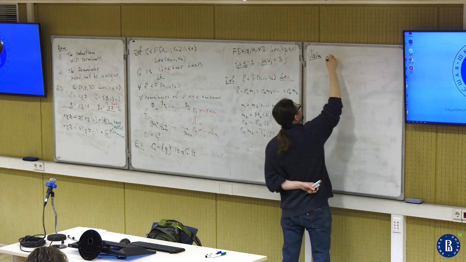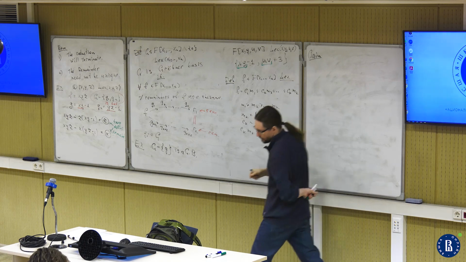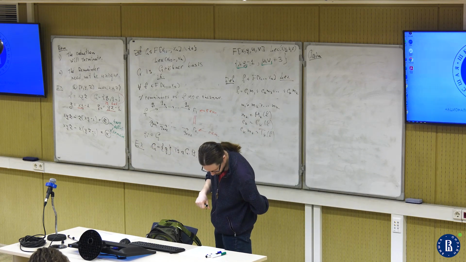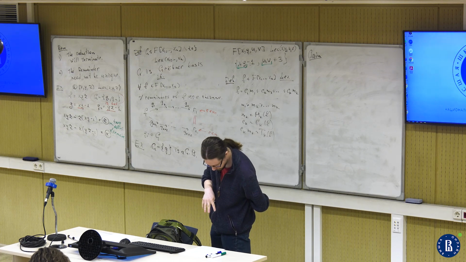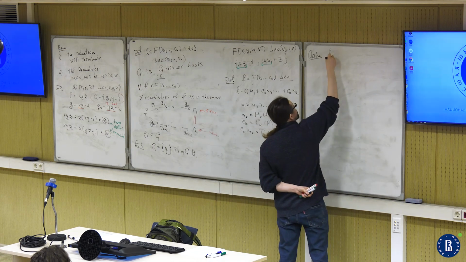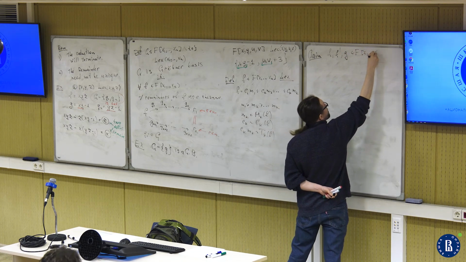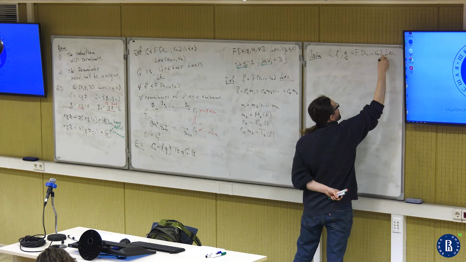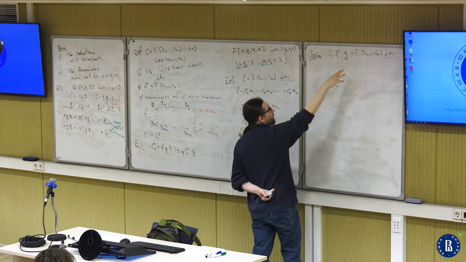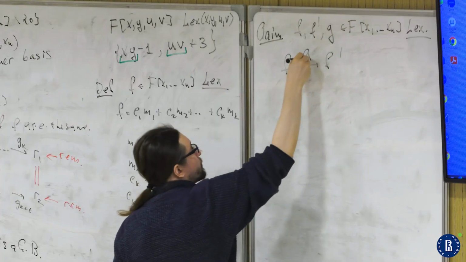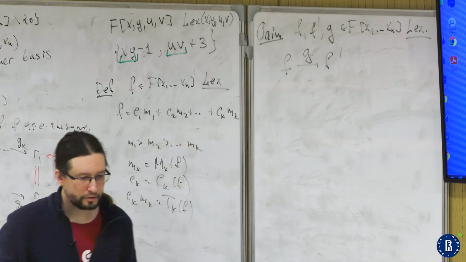Suppose we have three polynomials, f, g and f prime, and a fixed lexicographical ordering. And suppose f prime is a reduction of f by g.